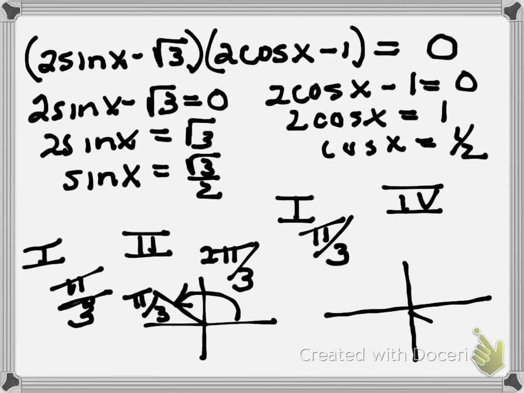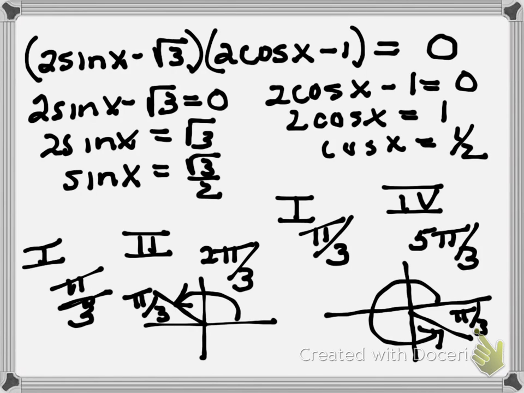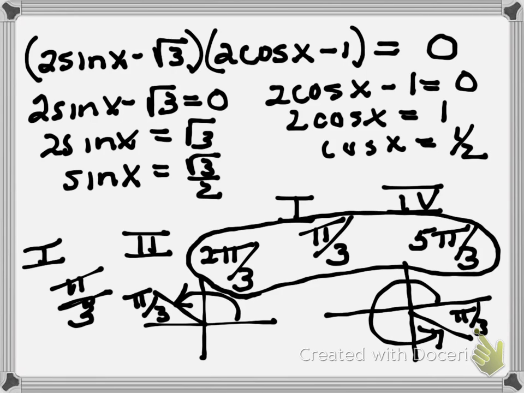And now we're going to place pi over 3 in the fourth quadrant. What is the angle that comes around from initial to terminal? So think of 2 pi as being 6 pi over 3 minus pi over 3 is 5 pi over 3. So we're getting actually just 3 solutions because we repeat the pi over 3.